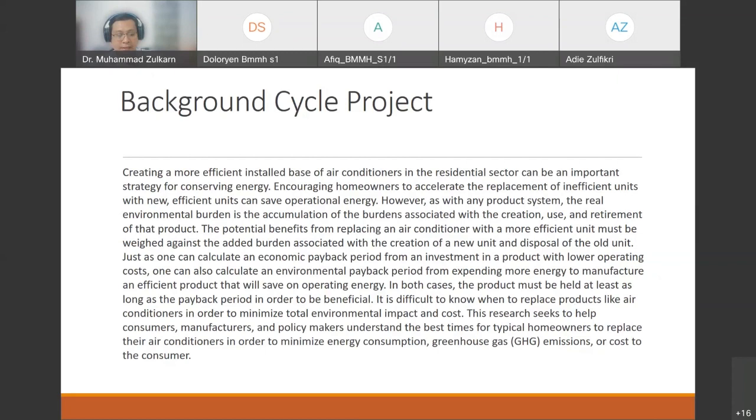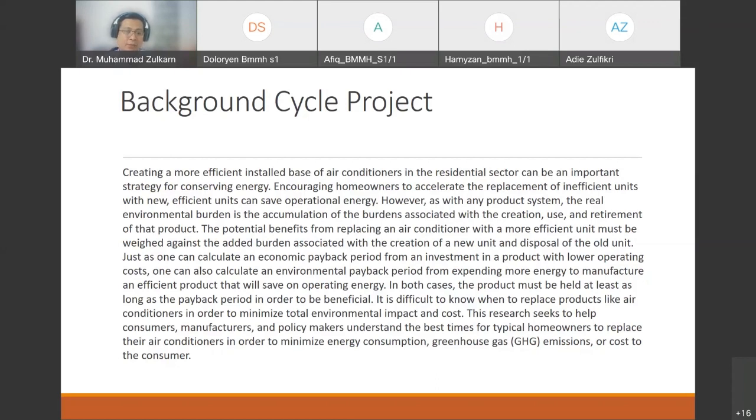Okay, reflecting on our product, because I mentioned in our project, it should relate to green technology.